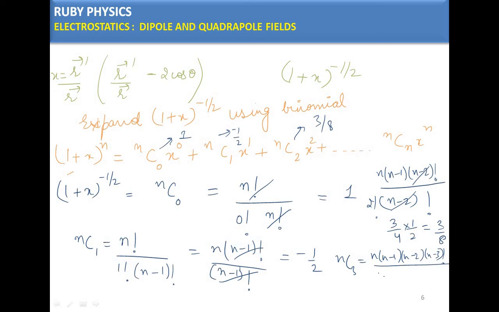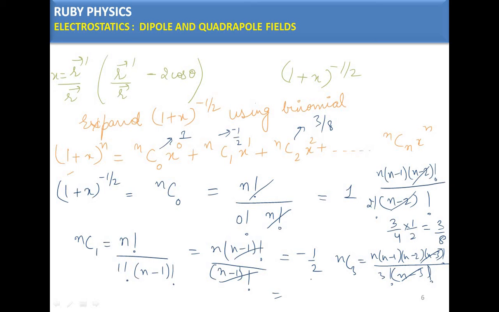Okay, and 3 factorial, n minus 3 factorial, and when you solve this you will get minus 1 by 2, minus 1 will be minus 3 by 2, minus 3 by 2 into 1 minus 1 by 2 will be 3 by 4, so 3 by 4 multiplied by this divided by 3.